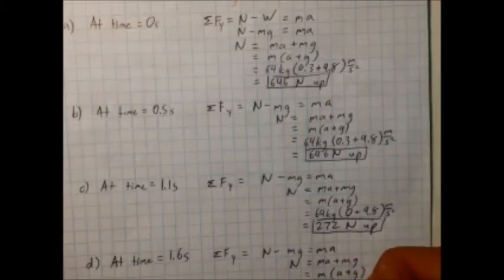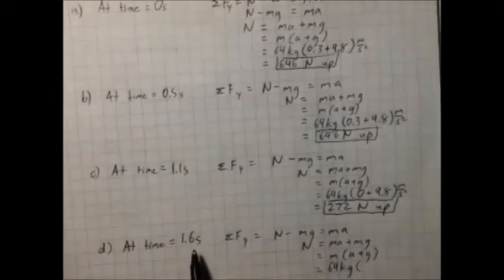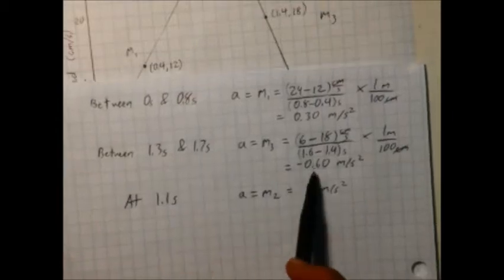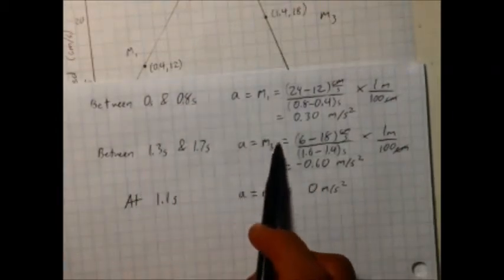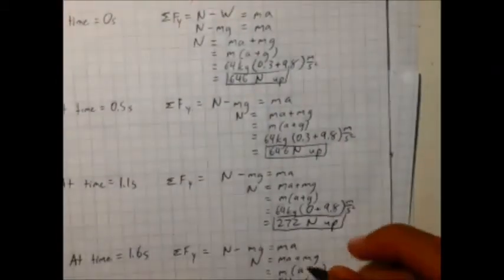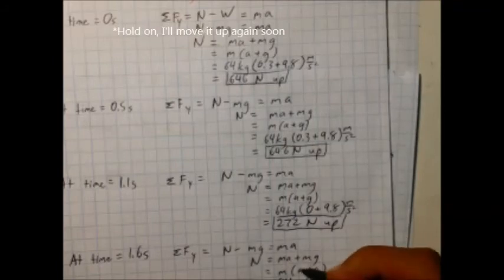Mass is equal to 64 kilograms. Now for the acceleration, we're going to look for when it's at 1.6 seconds. And we see that 1.6 seconds falls within this time interval. We're going to find that the acceleration in this time interval is negative 0.60 meters per second squared. So now we're going to plug that in for our acceleration.